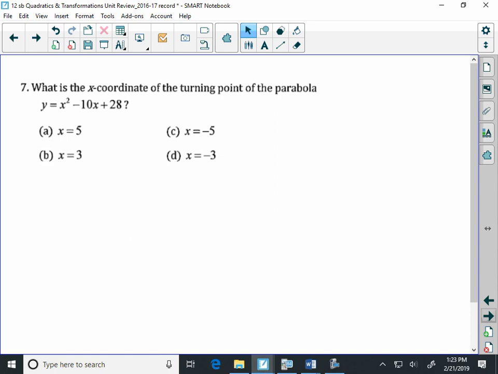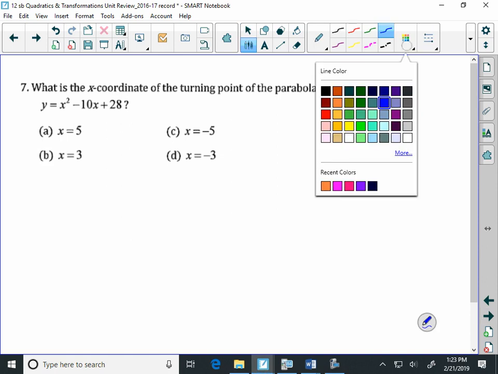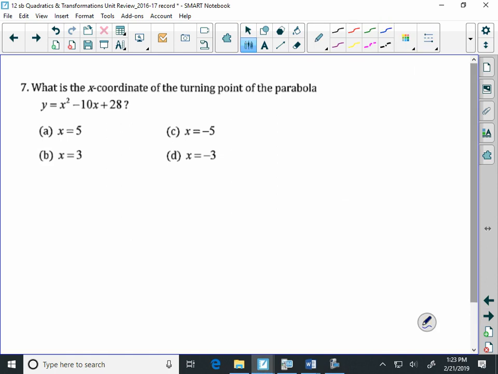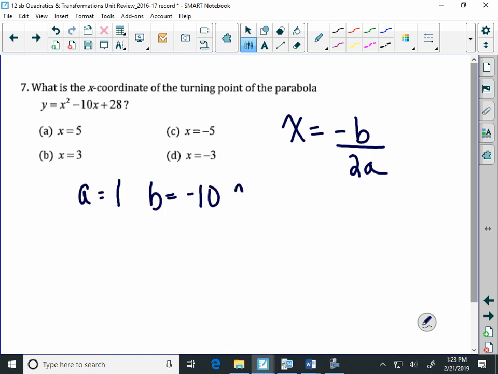Number 7. What is the x-coordinate of the turning point of the parabola? Well, we've done that a fair amount today. We're going to be using x equals the opposite of b divided by 2a. A is 1, B is -10, C is 28.